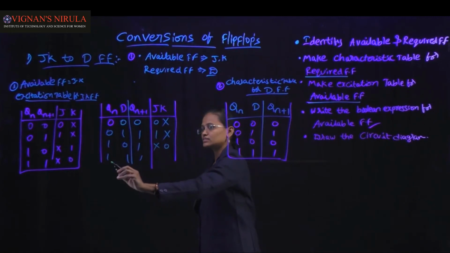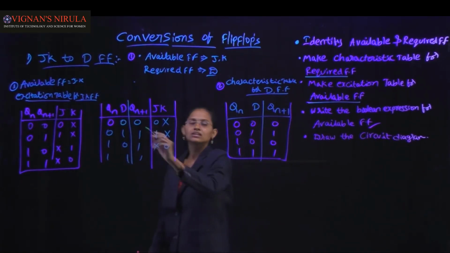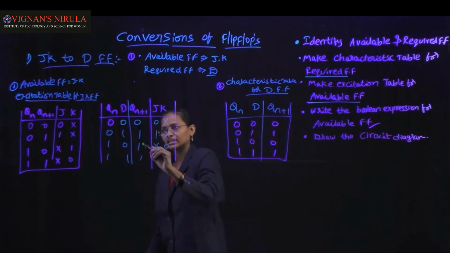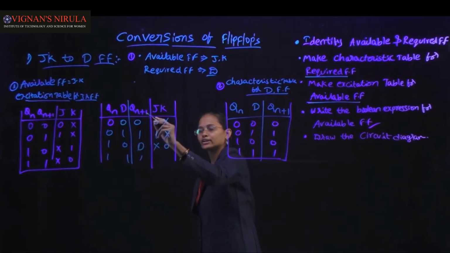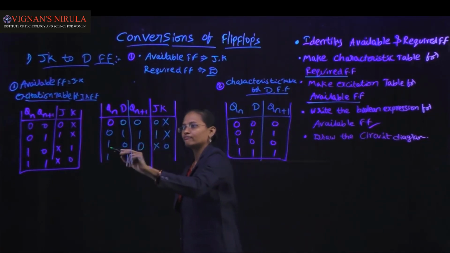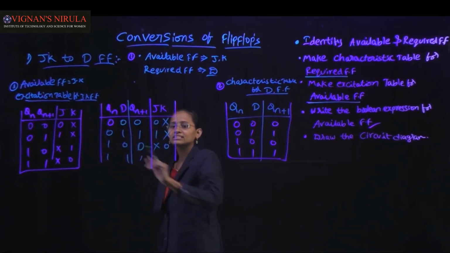And next present state is 1 and next state is 0. Here the D input is 0 and 1, 0. J is X and K is 1.